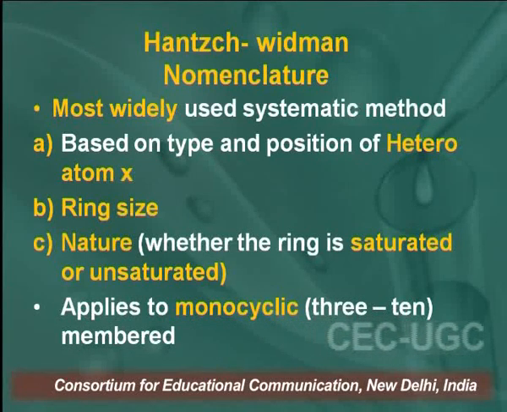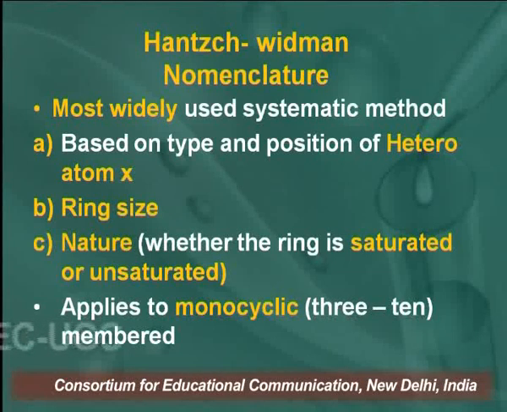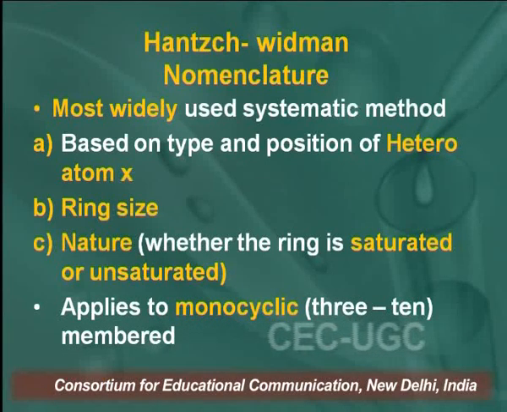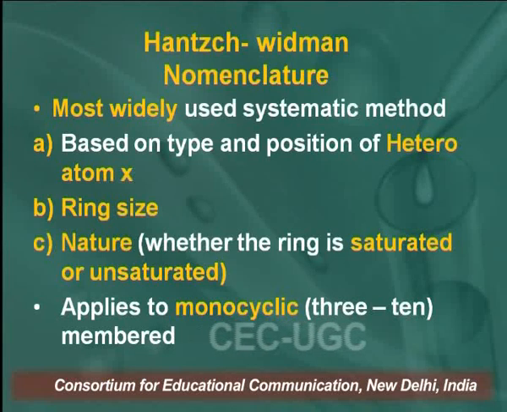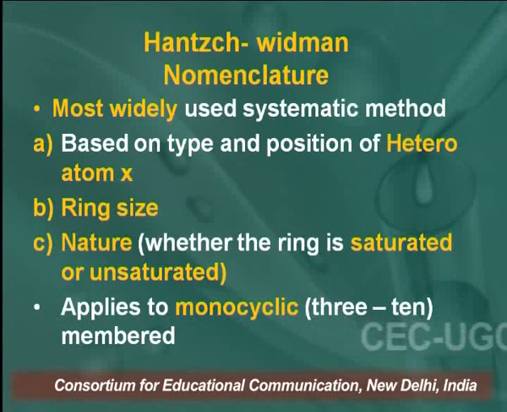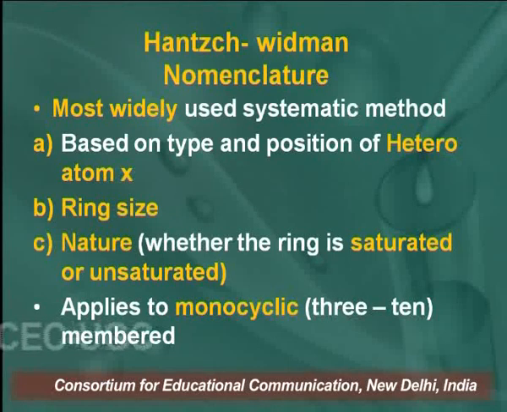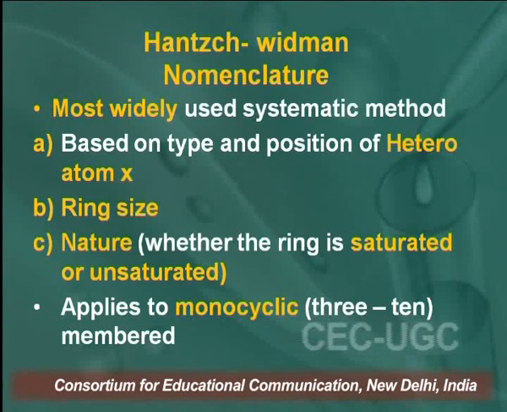Also, it is based on the ring size, nature of the ring, whether the ring is saturated or unsaturated. It's a very important nomenclature, and it applies to the monocyclic heterocycles. Monocyclic heterocycles means those which contain only one ring, and it applies to the 3 to 10 membered monocyclic heterocycles.